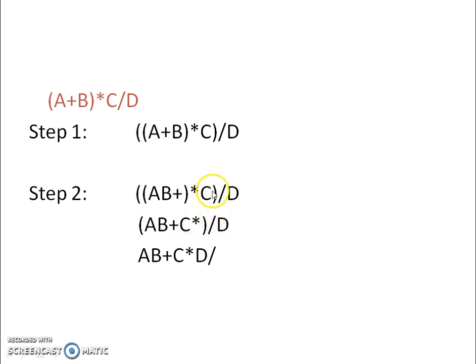Now we have to solve this last bracket. As you can see, there is a division operator. We'll open these braces and d will come inside, and the division operator will move to the end of the expression. This is how we solve it manually with two steps only: to insert the braces and then start the conversion.